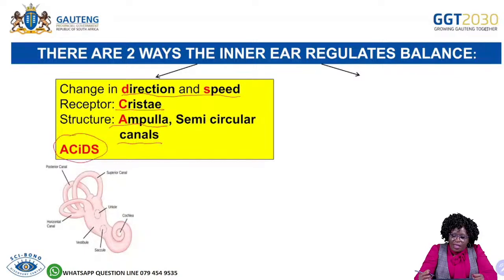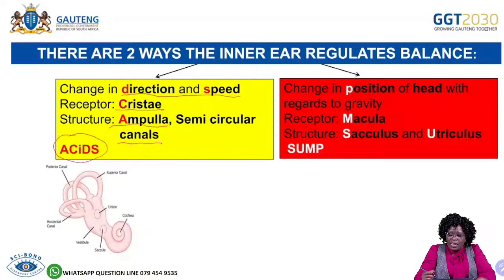The other way of balancing is the change in the position of the head with regard to gravity. And what is the name of the receptor? Maculae. And the structures are the sacculus and utriculus. Again, look at this acronym to make your life easy.